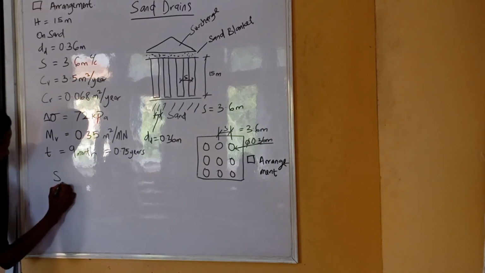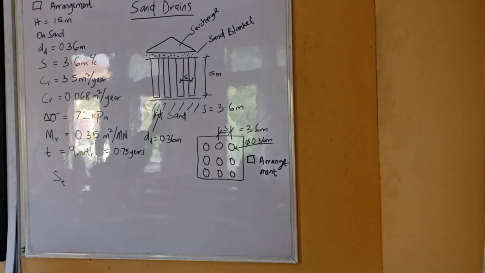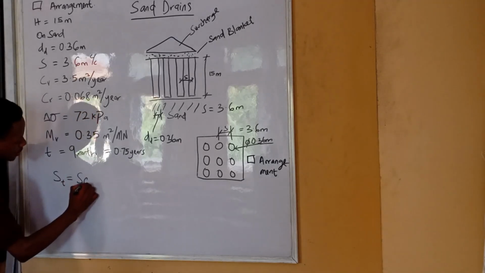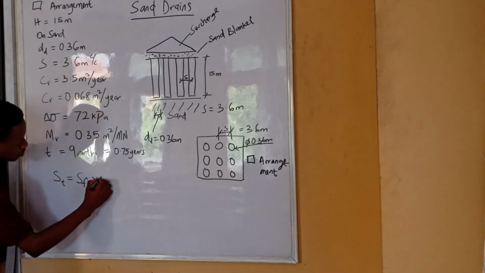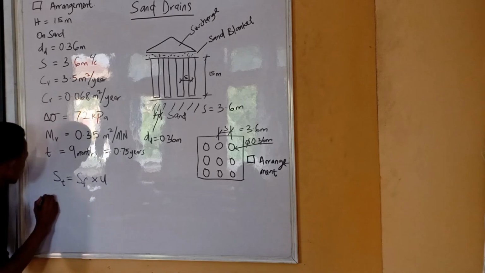let's call it ST, settlement for a particular period of time. It's the same thing as the final settlement, which is SF, multiplied by U, and U is the degree of consolidation. So let's write that out.